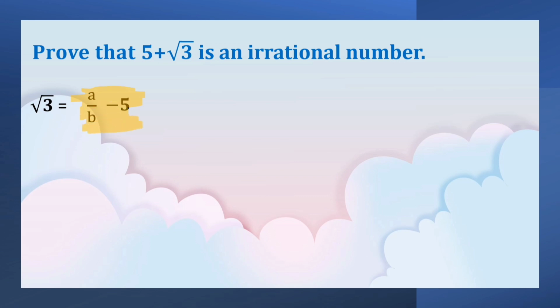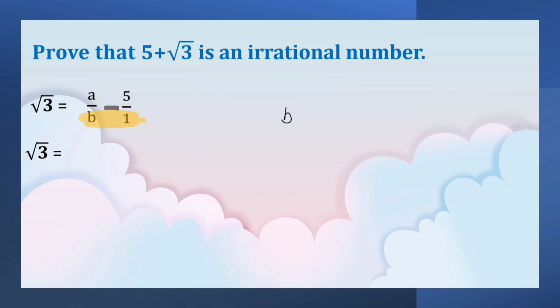Of a by b and minus 5. In order to take LCM, first let us write 5 as 5 by 1. So root 3 is equal to, here observe we have to take LCM of b and 1.